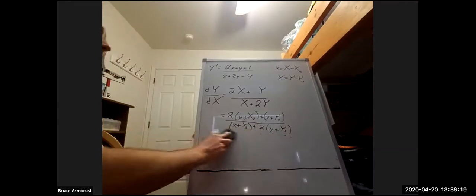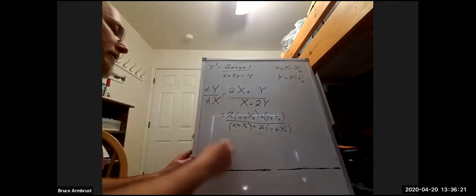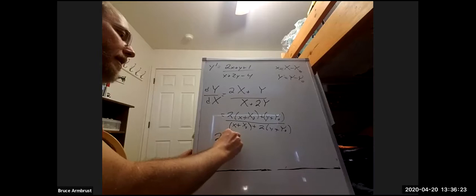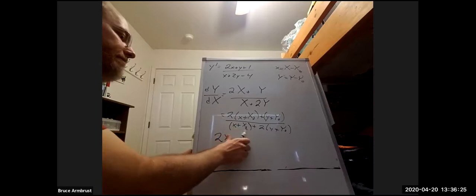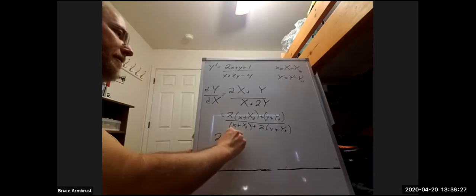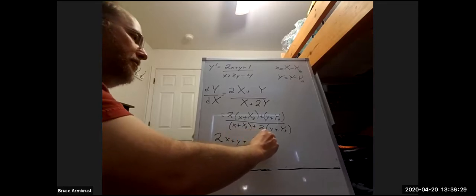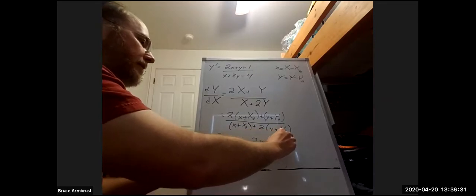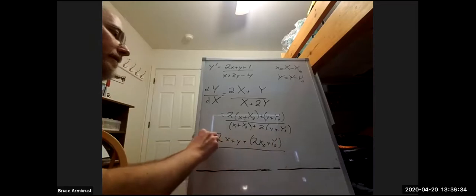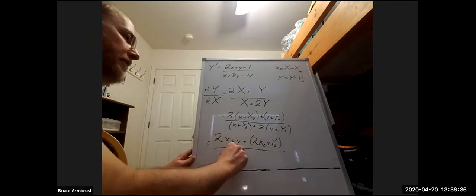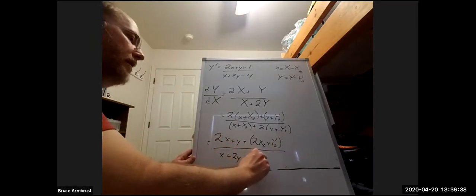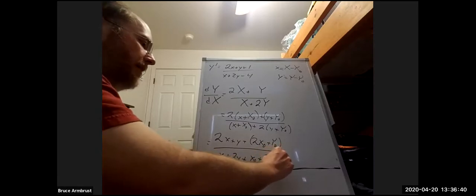And so distributing and everything gives us 2x plus y plus 2x naught plus y naught. And on the bottom, we're going to get x plus 2y plus x naught plus 2y naught.